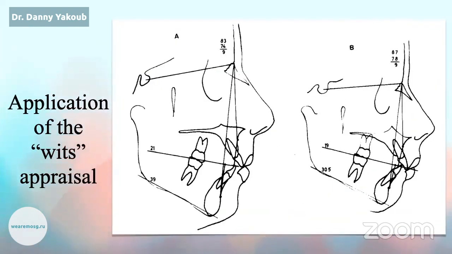Here are another 2 cases with vertical changes. See how the vertical changes will also affect the treatment plan. Both patients have an A and B of 9 degrees. This patient has a Wits appraisal of an obvious 8 millimeters, but this one has a Wits appraisal of 1.5 to 2 millimeters, showing you completely different treatment plans.